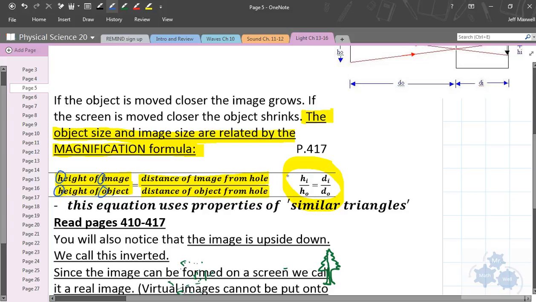So Hi over Ho, a ratio of those two distances, should always be equal to di, the distance of the image from the pinhole, divided by the distance of the object from the hole.